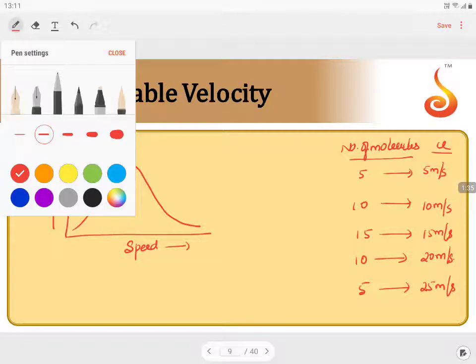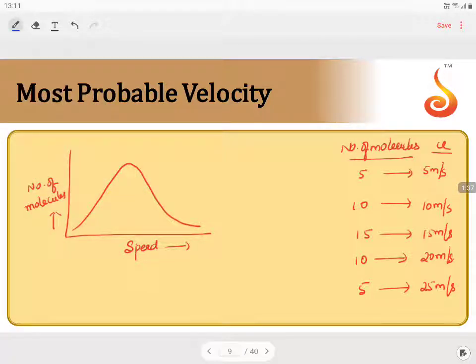I can say there is a maximum that can be attained over here at this point.